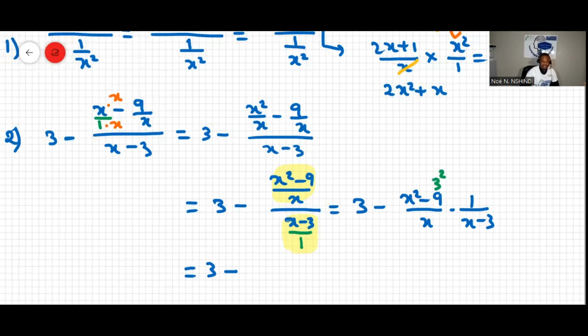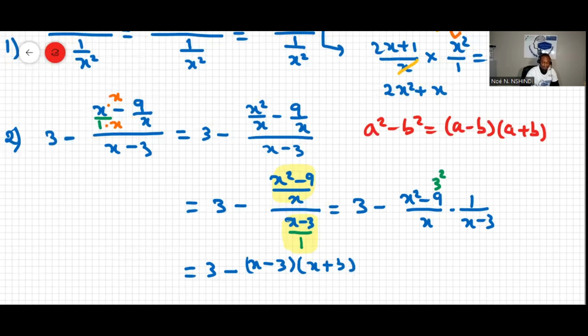Let me remind you, when we have a squared minus b squared, this is equal to a minus b times a plus b. So we're going to apply this property here. It's going to be x minus 3 in the bracket like that, and then x plus 3, all over x, multiplied by 1 over x minus 3.